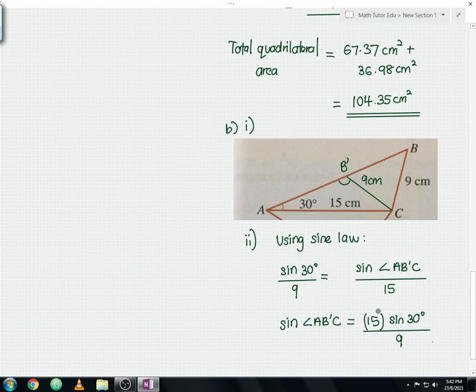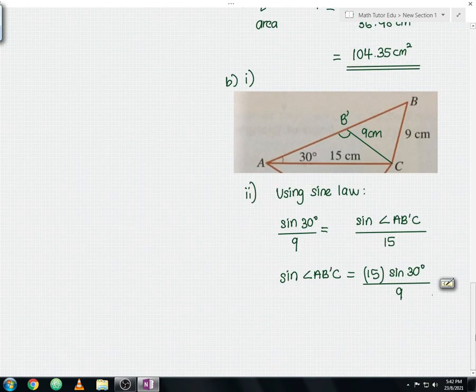So from here you should get your angle AB'C. How do you get the angle AB'C? You calculate this, and that answer you take the sine inverse of. But be careful, guys, there is a catch over here.